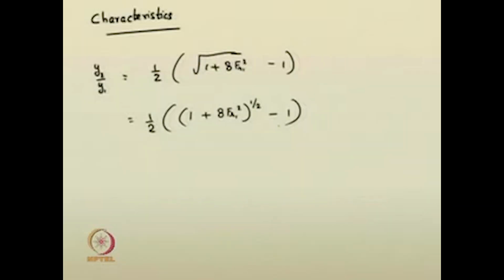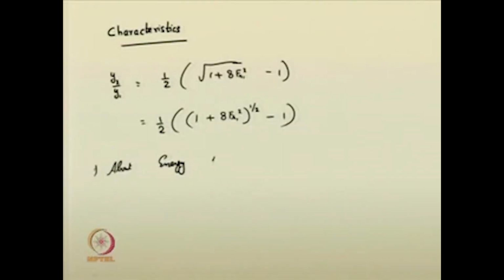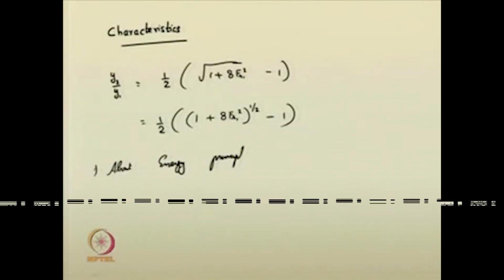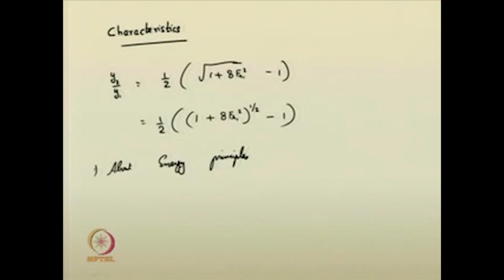First among the characteristics is about the energy principles. When you apply the energy principles, let me suggest here, in the flow in rectangular channels, while dealing with hydraulic jumps. A hydraulic jump, you know that it dissipates energy, isn't it?